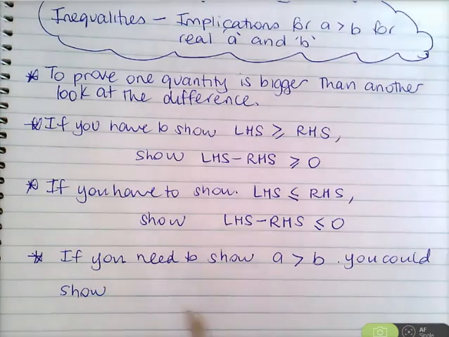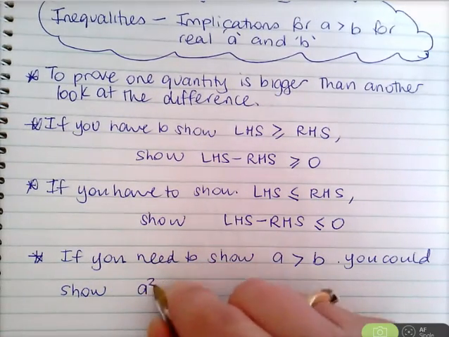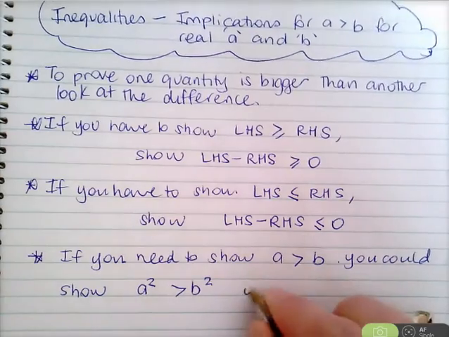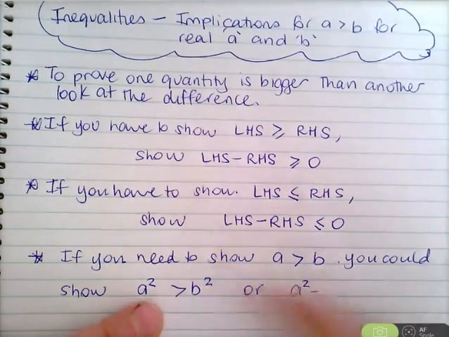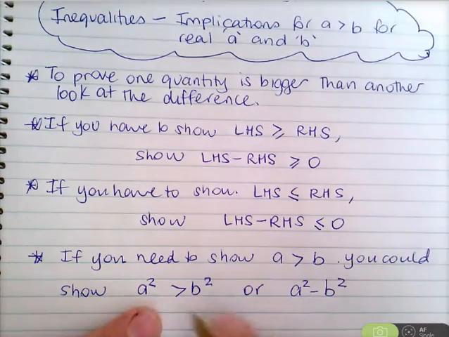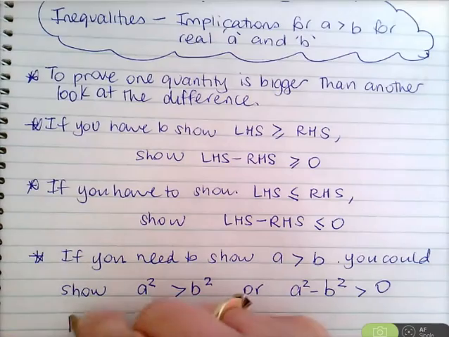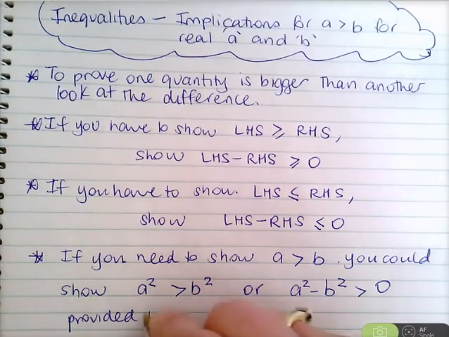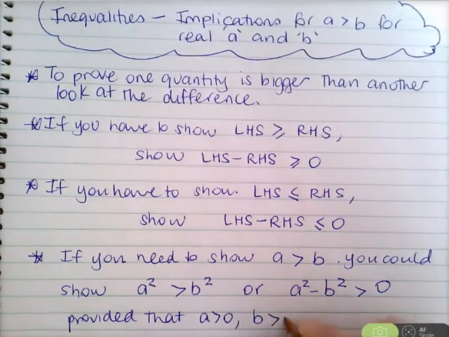Okay, another thing is if you need to show that A is greater than B, you could show that A squared is greater than B squared, or taking the B squared over, doing the difference, you could show that A squared minus B squared is greater than 0, provided that A is greater than 0 and B is greater than 0.